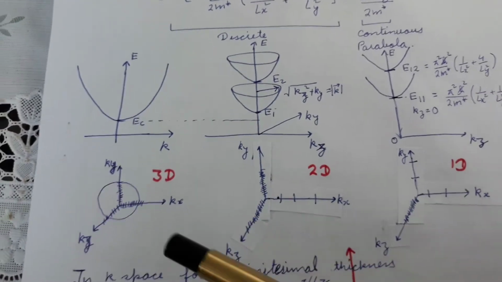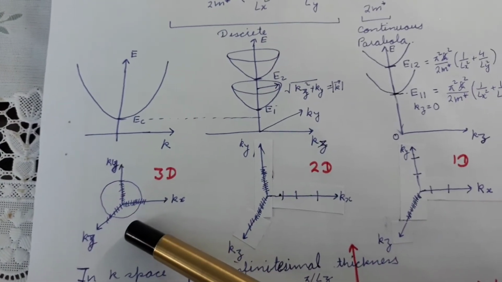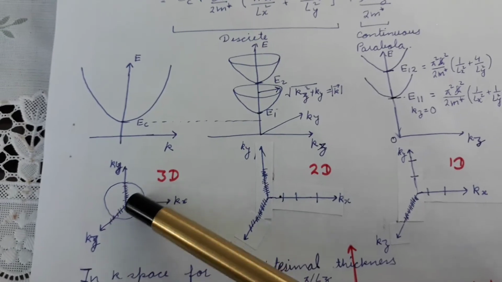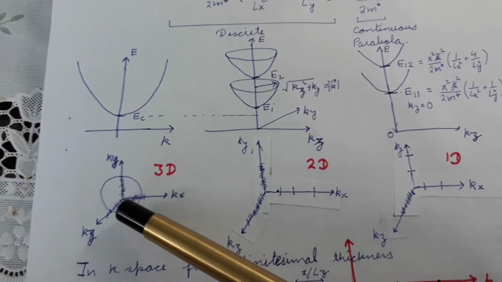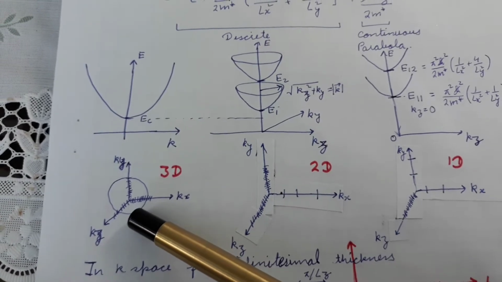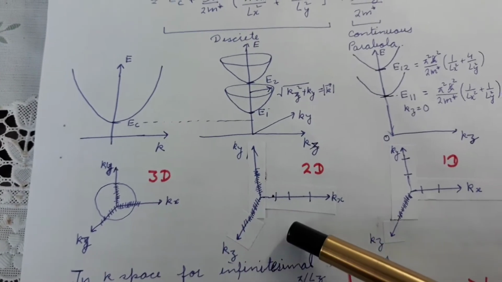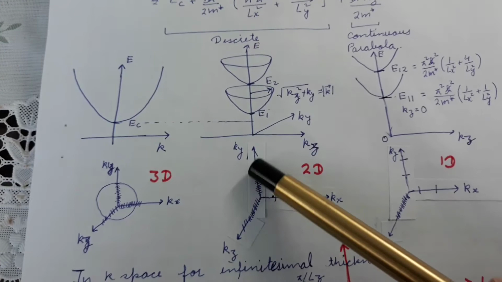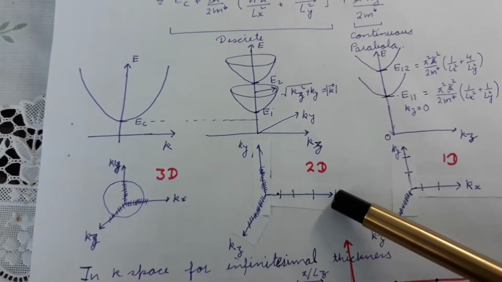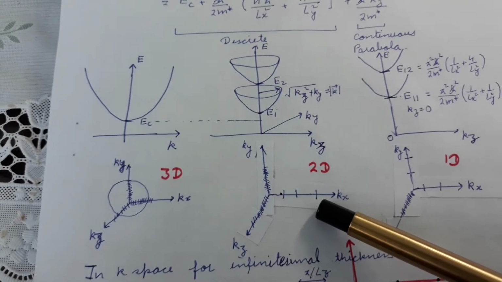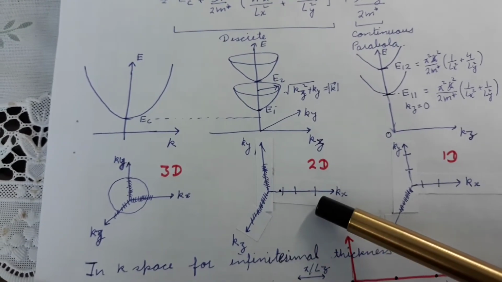So in the k diagram, you see that in a three-dimensional material, all the values will be permitted in x, y, and z direction, because the motion is continuous in all the three directions. While in two-dimensional material, it is continuous in y, continuous in z direction, while it will be discrete in the x direction. So not all values of kx will be allowed.